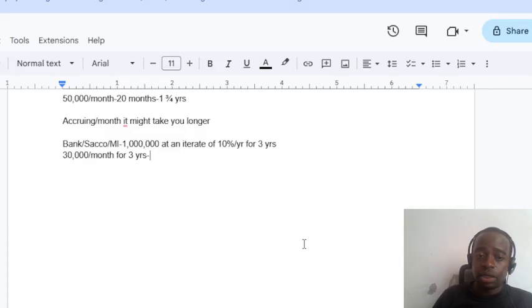So year one it will be 360,000. So times 3 translates to what? 18 carry 1 million. I think something like 108. All right, so 108, which is 1 million.